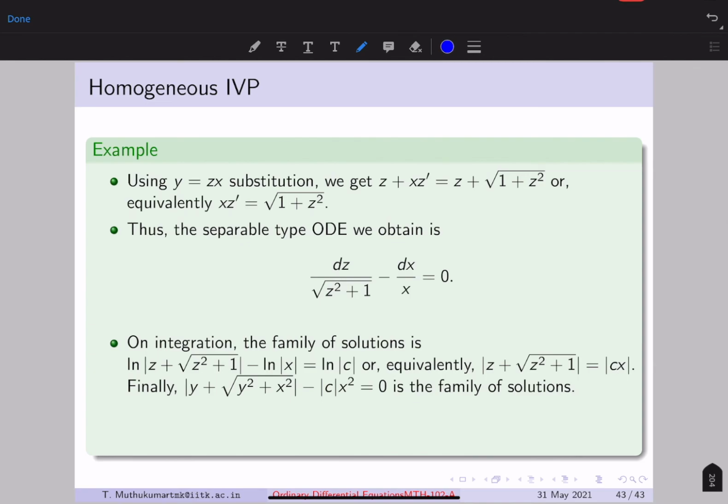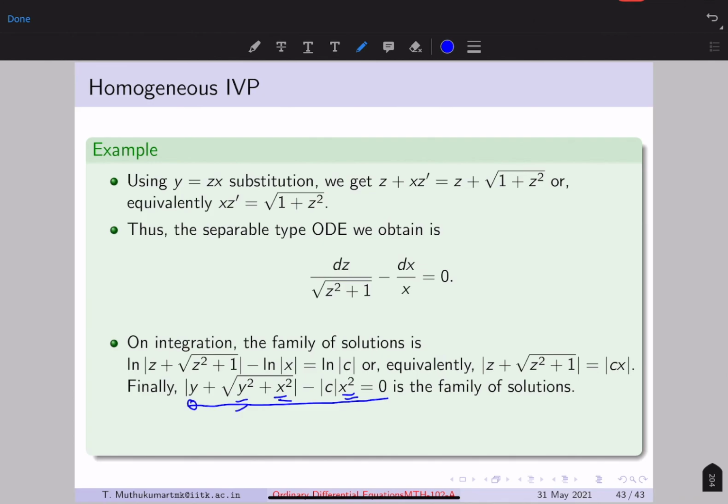So we have the solution in the x and y variables, where we have plugged back z equal to y over x. So you have the one parameter family of solutions for the given homogeneous ODE. Now we need to use this initial condition. So you put x equal to 1 and y equal to 0.